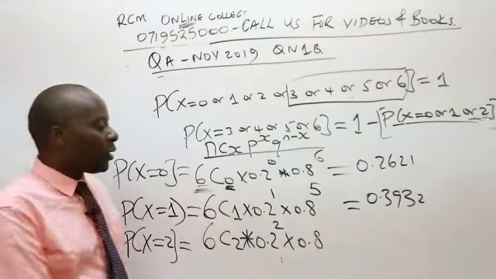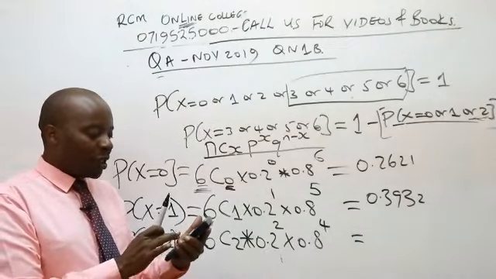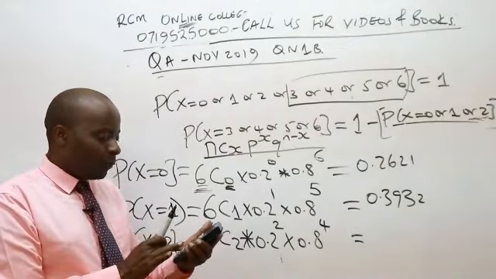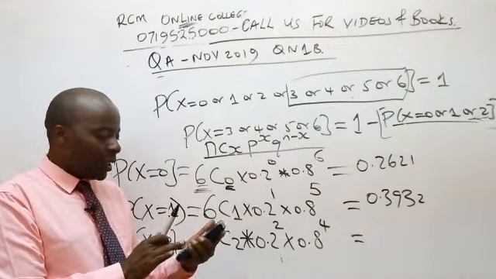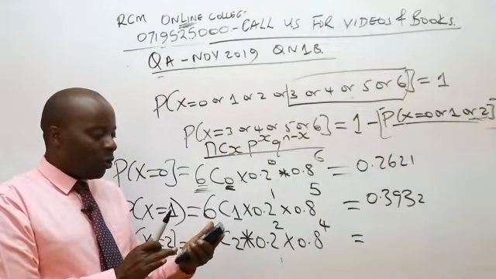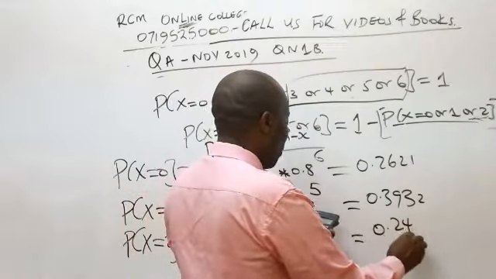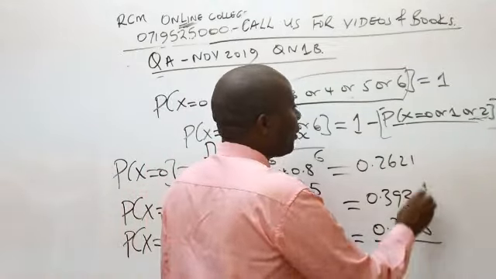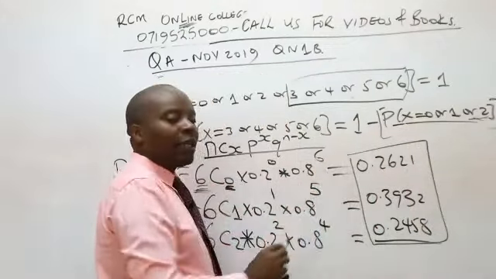So this one here will be 4. So we have 6 combinations 2 times 0.2 raised to power 2 times 0.8 raised to power 4. At the end of the day, we'll end up getting 0.2458 like that. Or means what here? That come and give us a consolidated total figure.